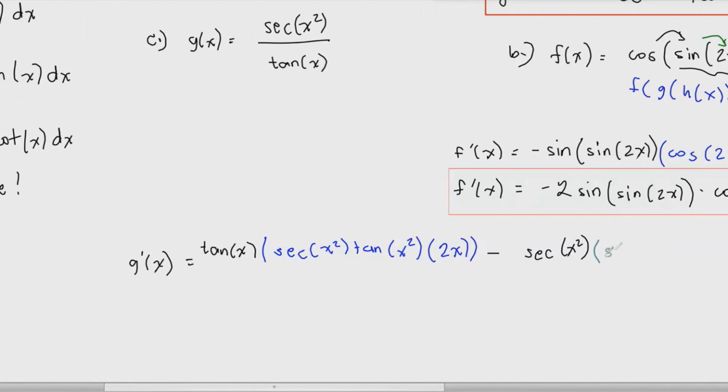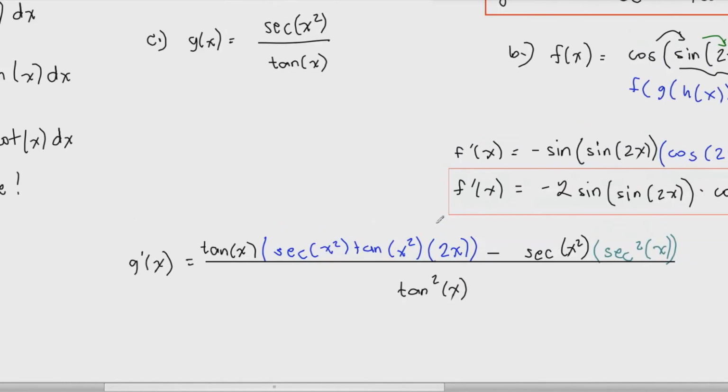So the derivative would be secant squared, and that is x and not x squared. Okay, since this has x here, and then we divide this with the square of our denominator, that is tangent x. So we have here tangent squared x.